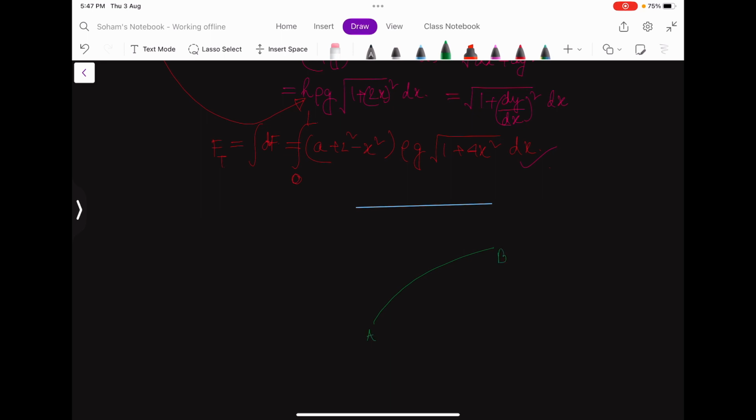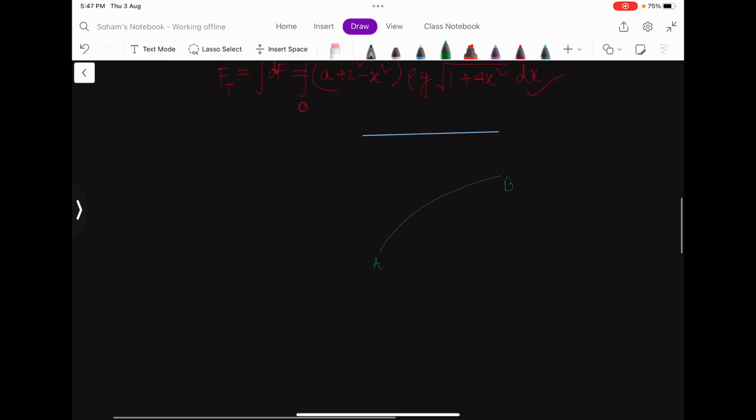I have to give an explanation of the total forces on this curved surface. All over here I have fluid.